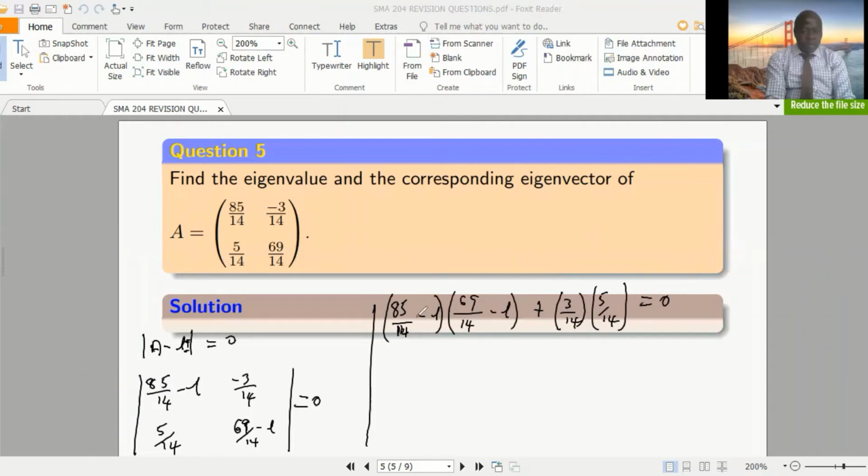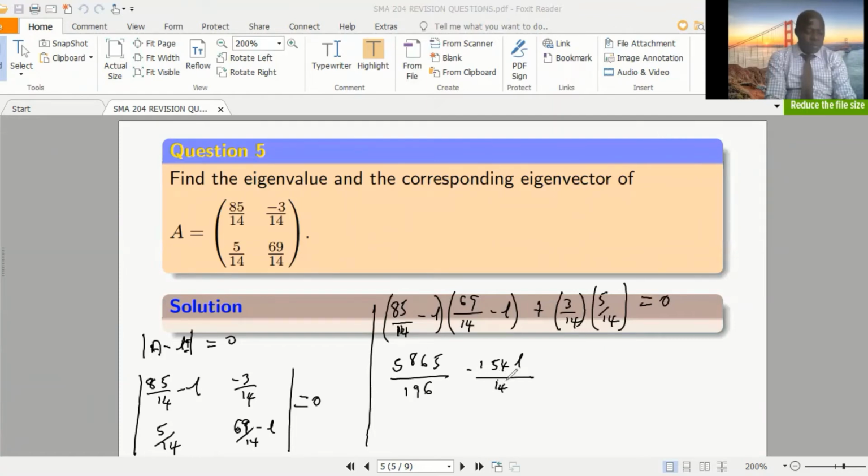So when you multiply using a calculator, you would find that this times that will give you 5865 divided by 196. And then when you multiply this other one, you have 154 lambda over 14.